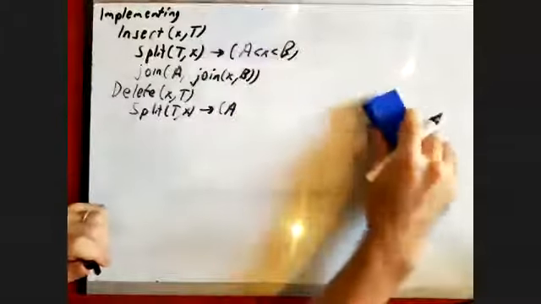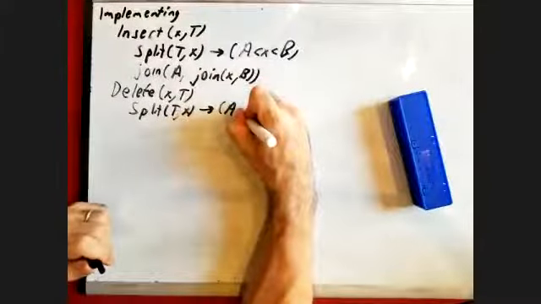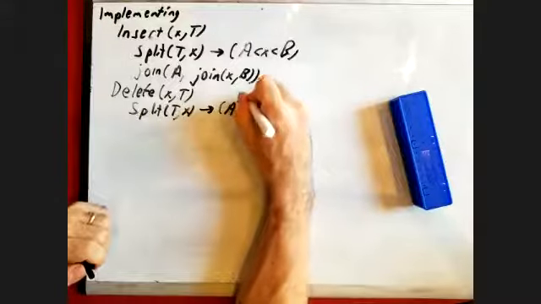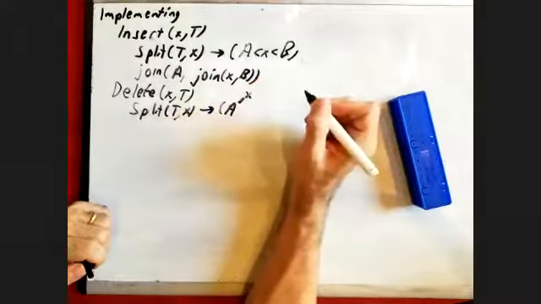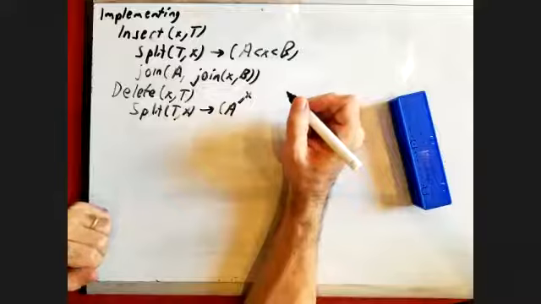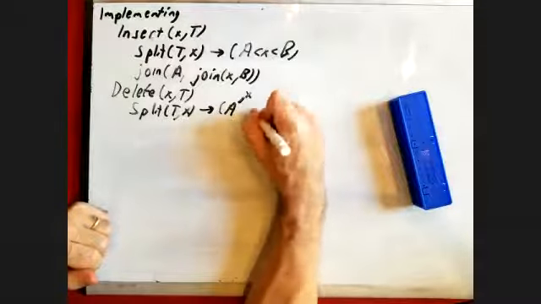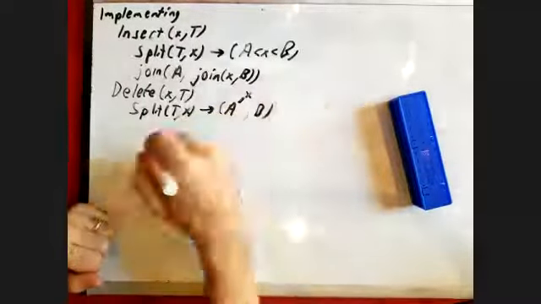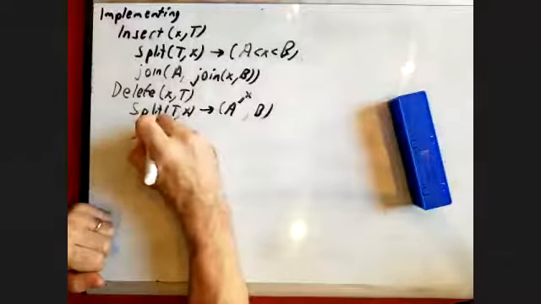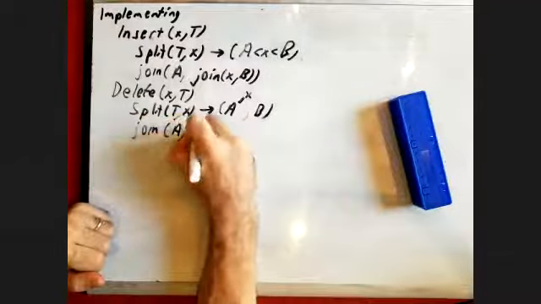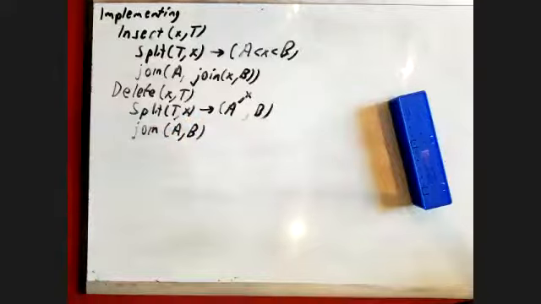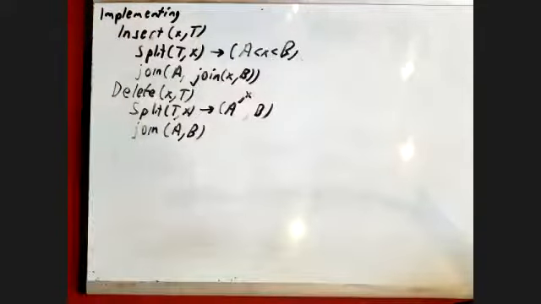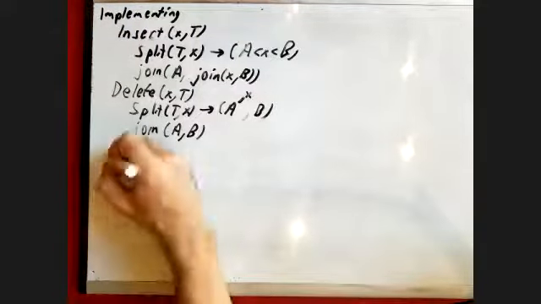But what we do over here is we split T at X, and this gives us A, but with X still on it, because that's the way the split is defined, right? And then also B, and then we just join A to B, right? So again, one split, one join, or you could think of it as two splits where we're splitting off X. And overall, these both take order log n time.